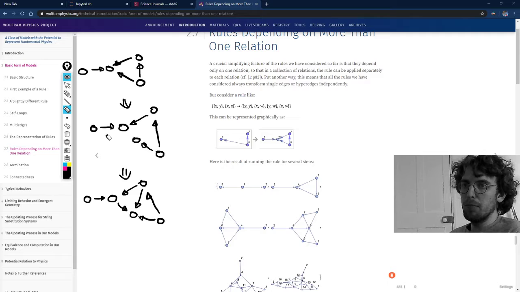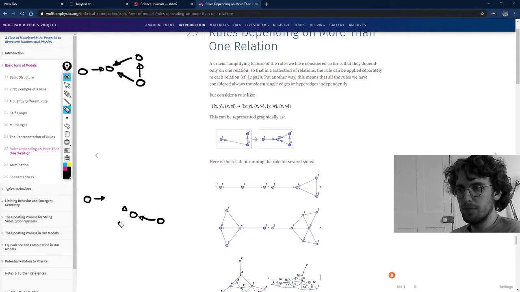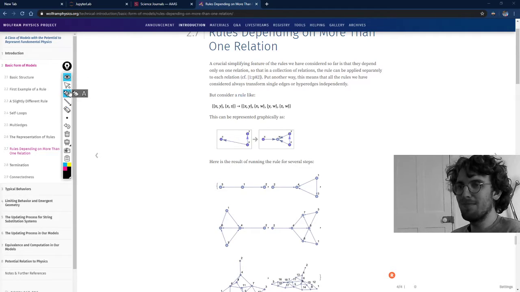So I did check at one point. I think this page is maybe not fully written.